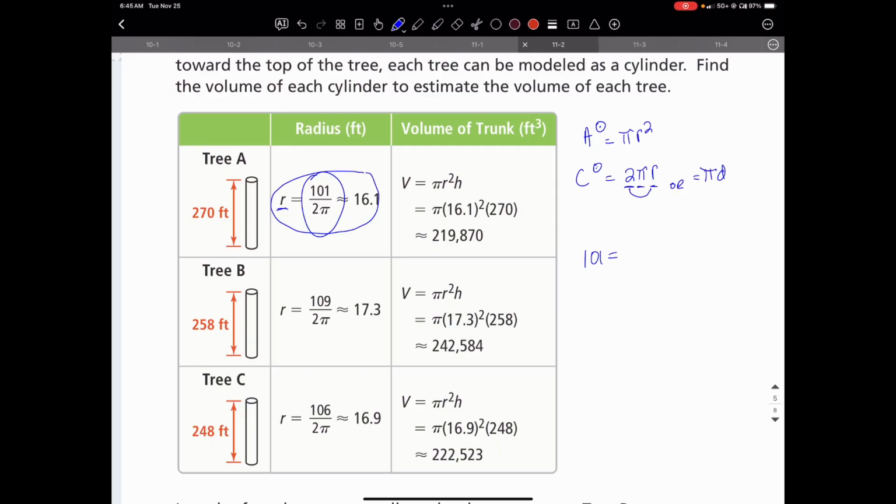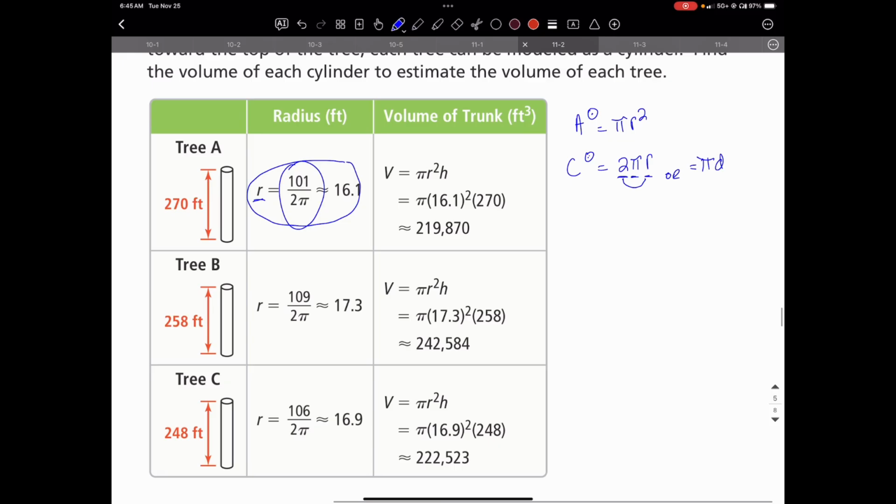If we're trying to find the radius, we have 101 equals 2 pi r.